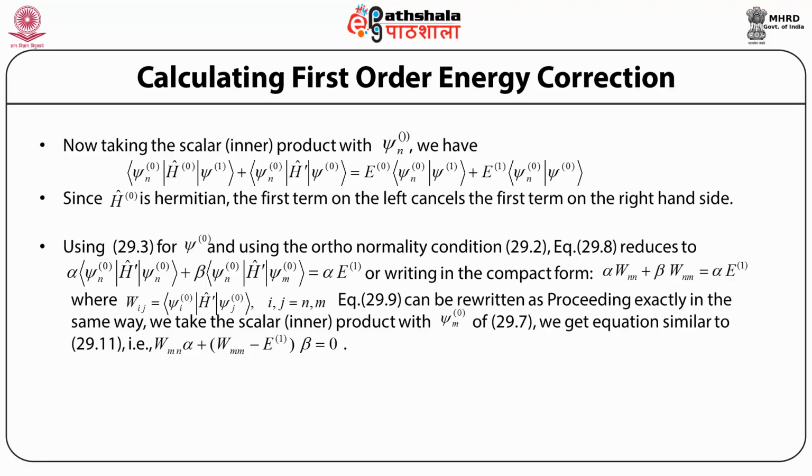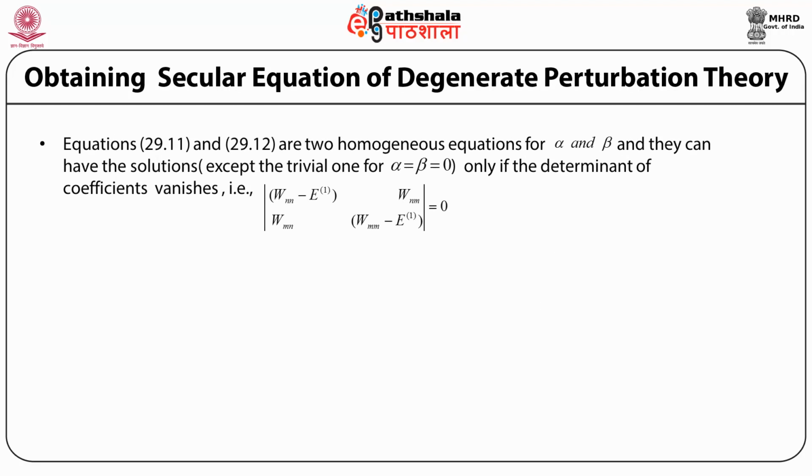That is, Wmn alpha plus (Wmm minus E1) into beta equals 0. Equations 29.11 and 29.12 are two homogeneous equations for alpha and beta, and they can have solutions except the trivial one, alpha equals beta equals 0, only if the determinant of the coefficients vanishes.